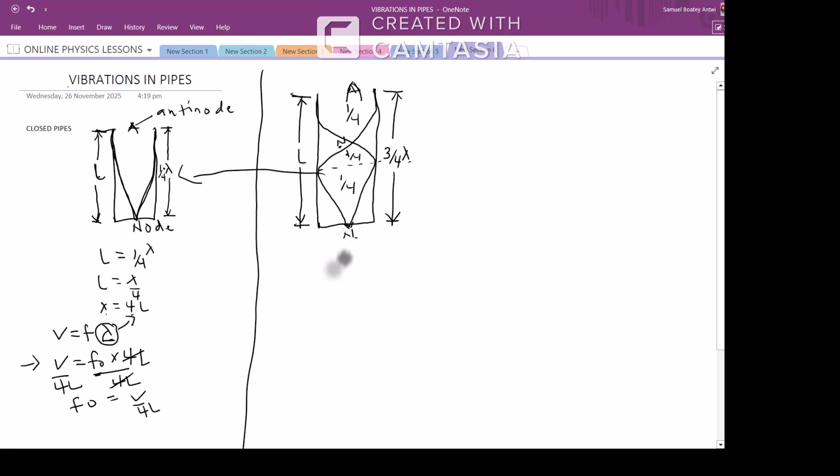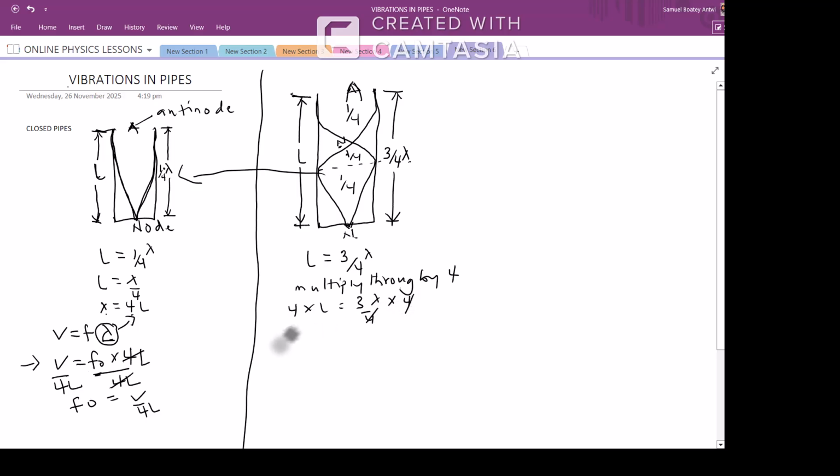All right. And we've established that the length of the pipe is equal to the wavelength. So we can multiply 2 by 4. So it becomes 4 times L equals 3 over 4 lambda times 4.